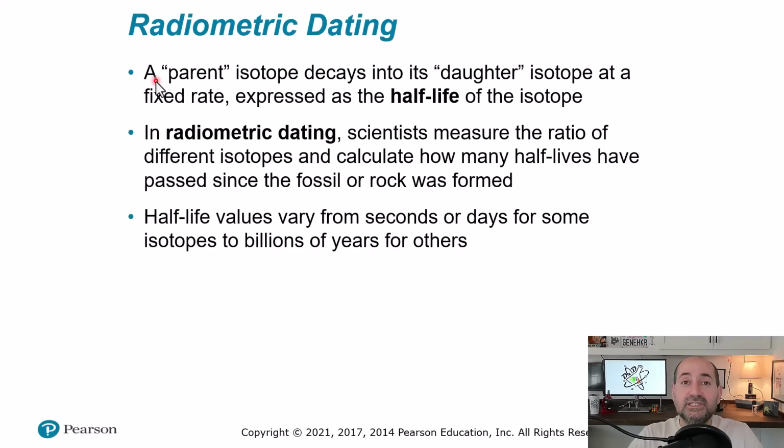And eventually, radioactive isotopes break apart. They decay. A parent isotope decays into its daughter isotope at a fixed rate. This rate is known as the half-life of the isotope. So different radioactive elements have different half-lives.